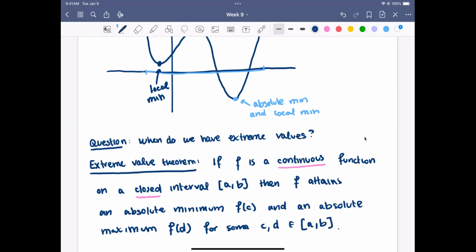Okay, so if our function is continuous and the domain is a closed interval, then we're guaranteed that the function has an absolute maximum and an absolute minimum on that closed interval.